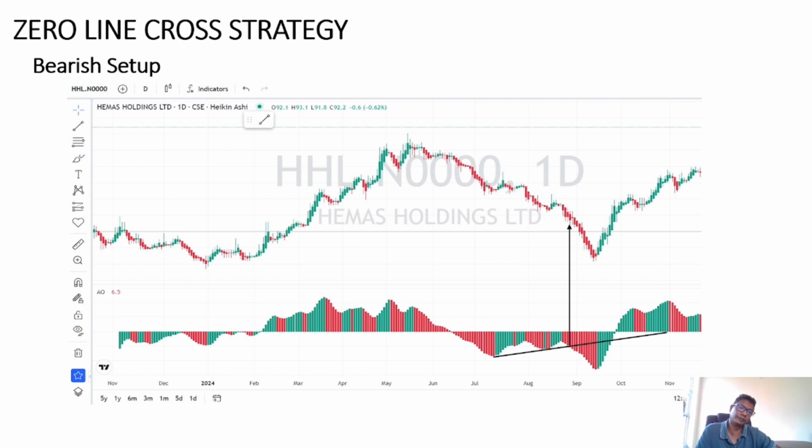Here, the second peak is higher than the first one, and I put a line joining the two peaks until it crosses the zero line. Before that point, I can identify a point where the red bars are cutting. At the first point where the red bars are cutting, I put an arrow to the price chart where I make the decision to sell.